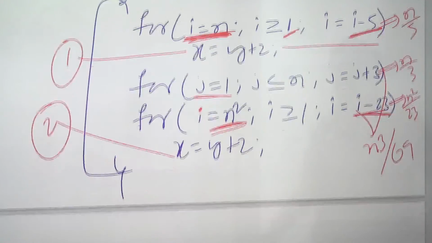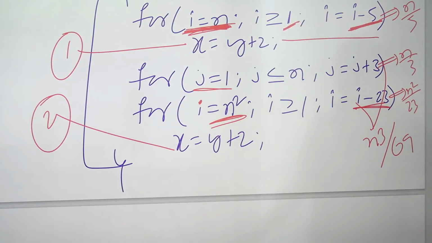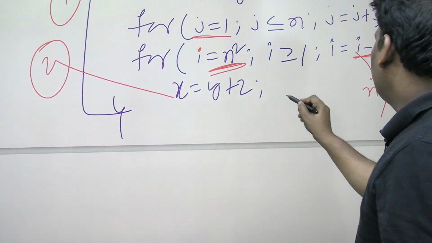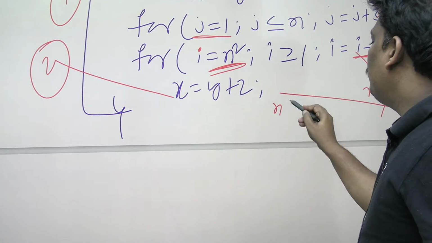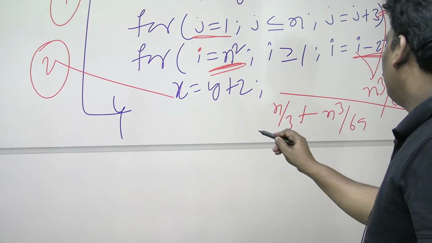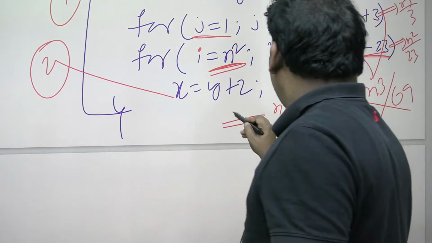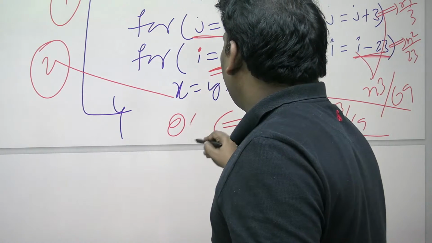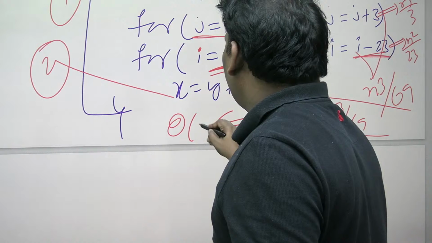So first statement n by 5, second statement n cube by 69. The total, n by 5 plus n cube by 69, is going to be theta of n cube, whichever is bigger you take.